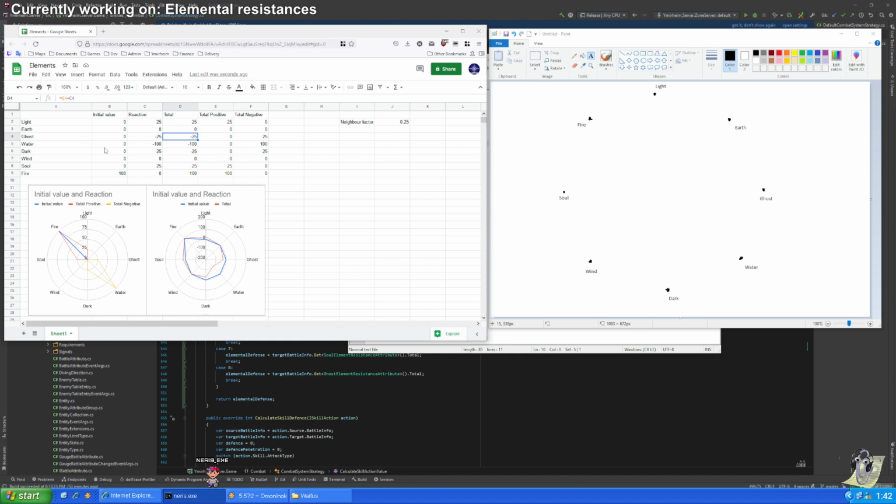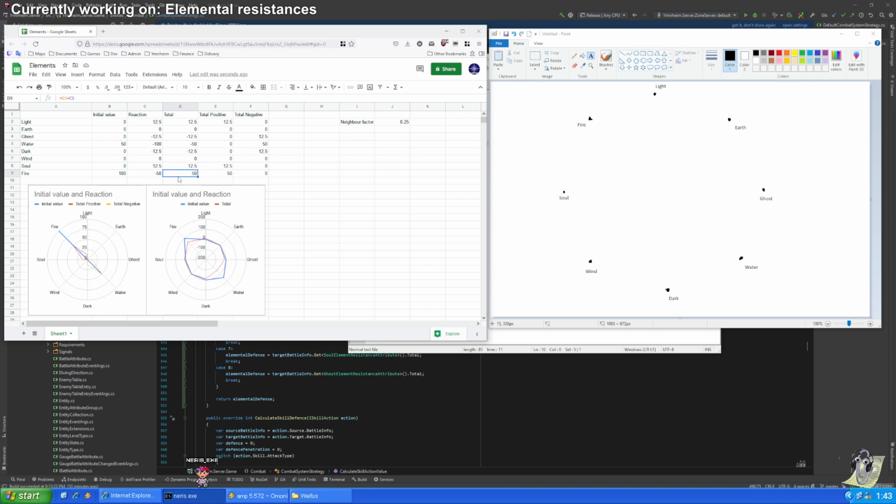Now if I, for example, increase water to 100 as well, yeah, it all negated each other, so now I have total of 0. If I have like half of this, yeah, then it's weird.